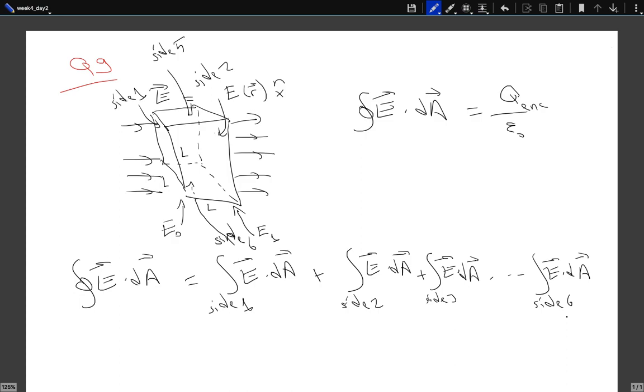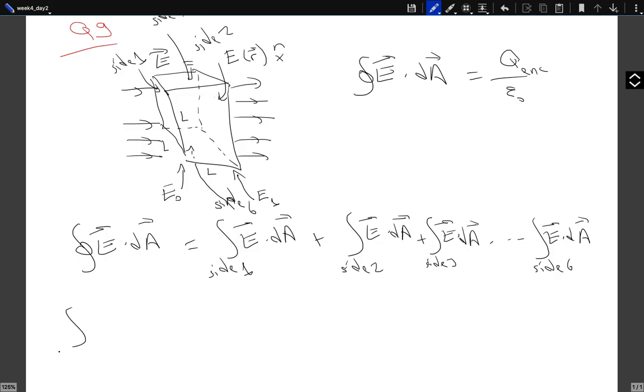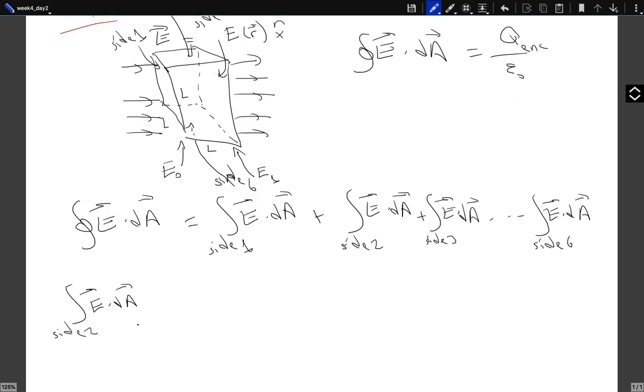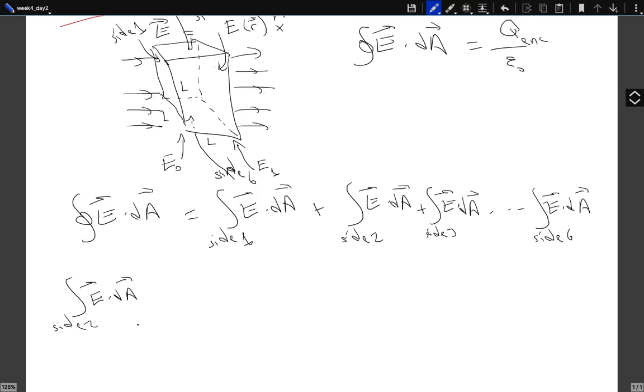Now let us look at side 2. This is the side facing you. What is the direction of dA on that side?